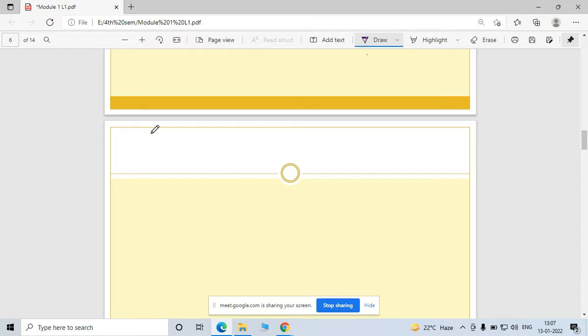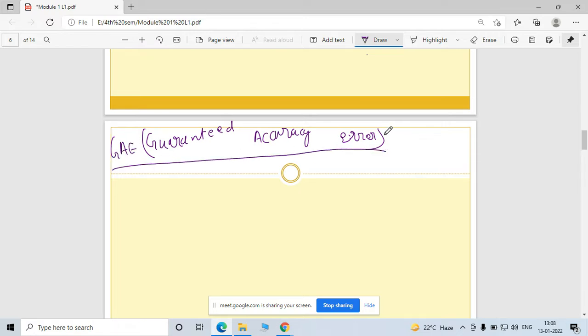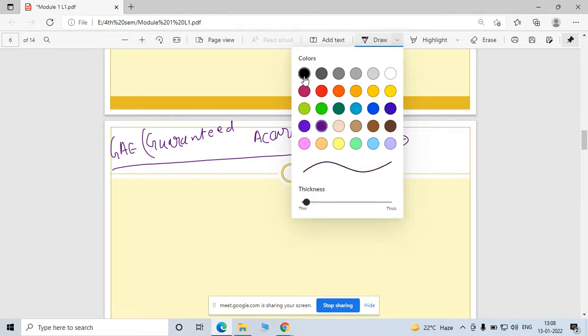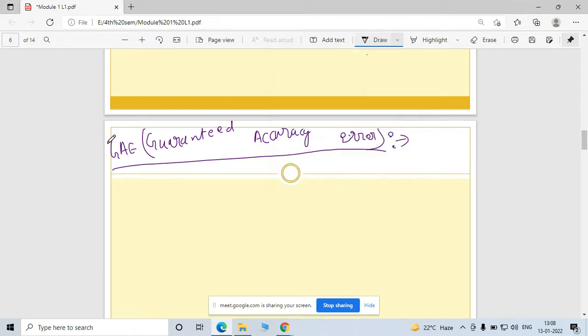So guaranteed accuracy error, that is GAE, is nothing but a fixed type of error which is specified by your manufacturer. It is also represented in percentage.